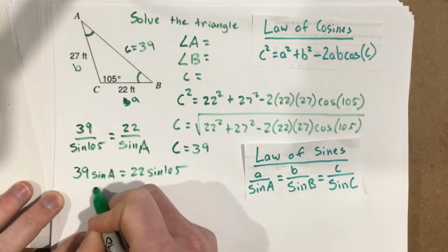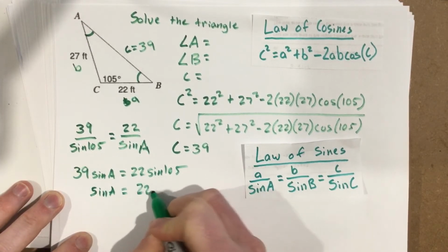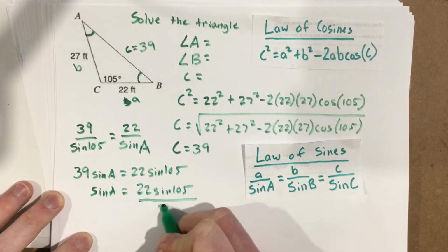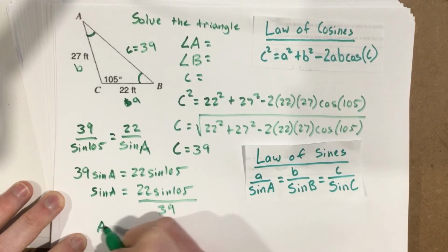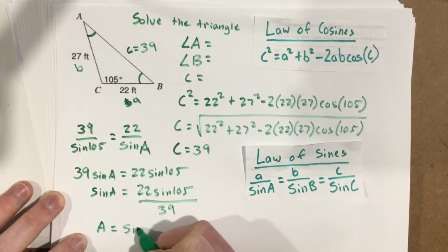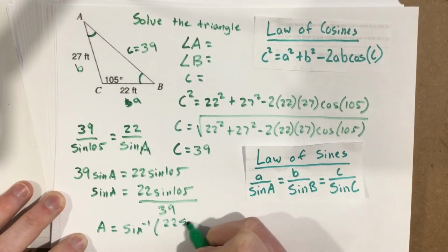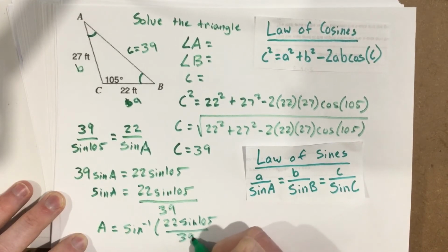Divide by 39, so sine A equals 22 sine 105 over 39. And do the inverse, so A equals sine inverse of 22 sine 105 divided by 39.